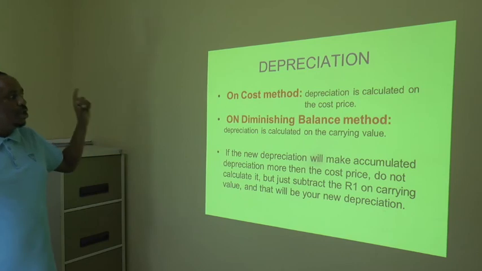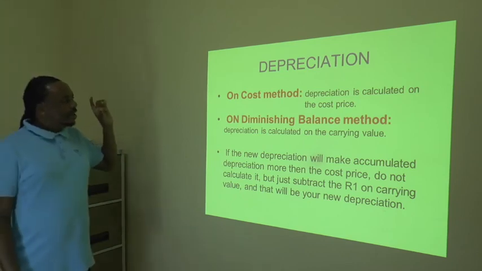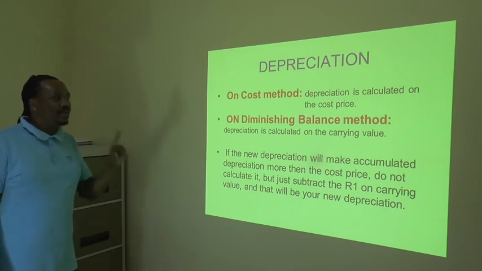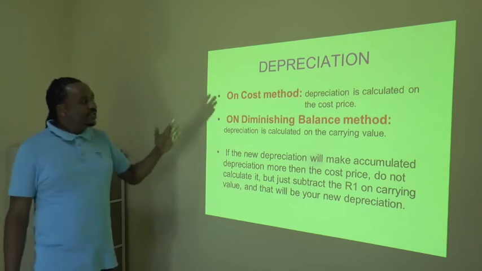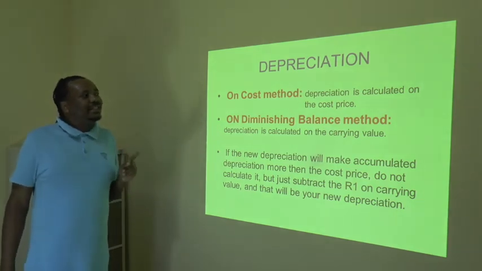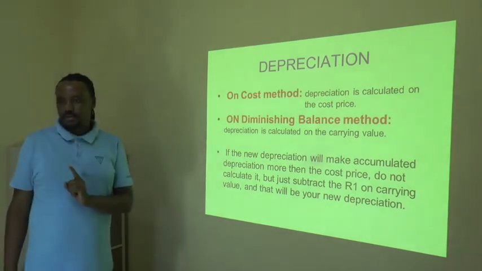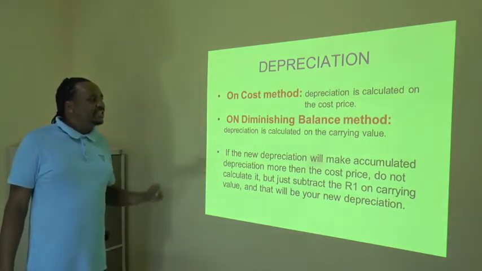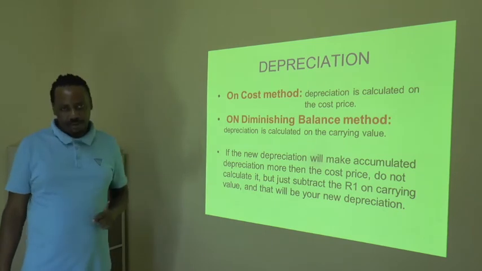But in high school, you use the cost method and the diminishing balance method. The cost method is also known as the straight line method. If you are using this method, depreciation is calculated on the cost price. But in the diminishing balance method, depreciation is calculated on the carrying value.